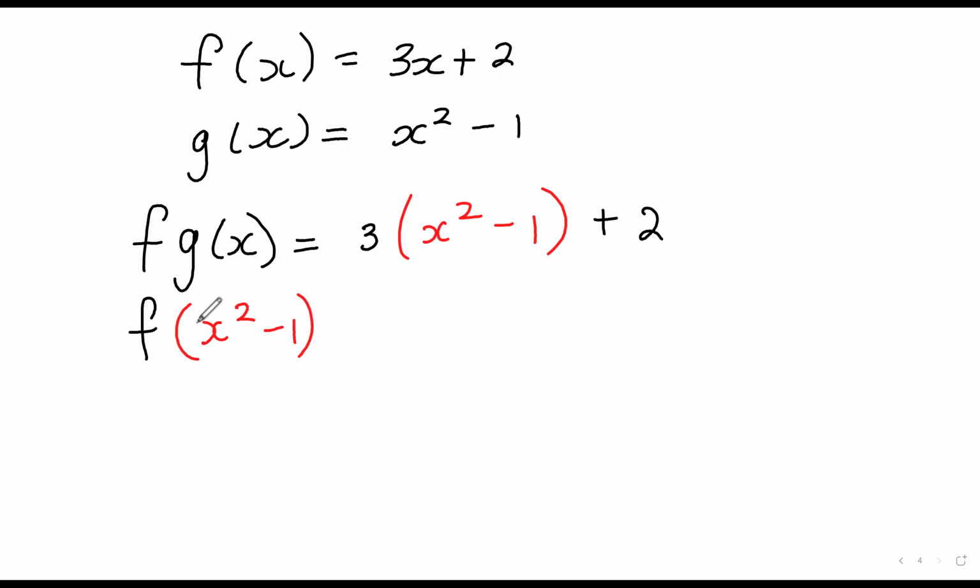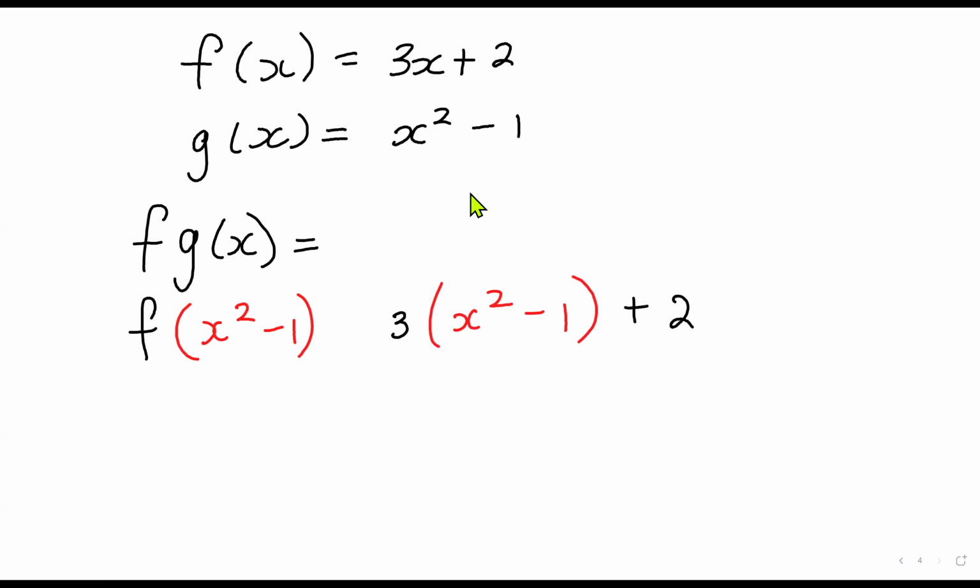Wherever you have x in the function f of x, you would replace it with g of x, whatever g of x is. So f of g of x is f of x squared minus 1, because that's what g of x is. And we can simplify this.